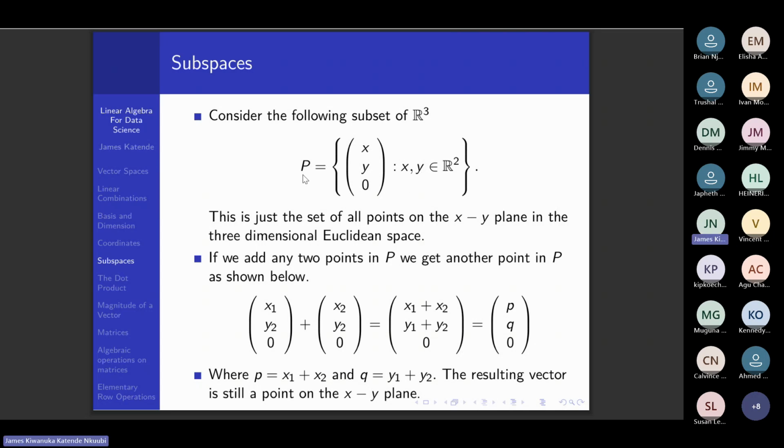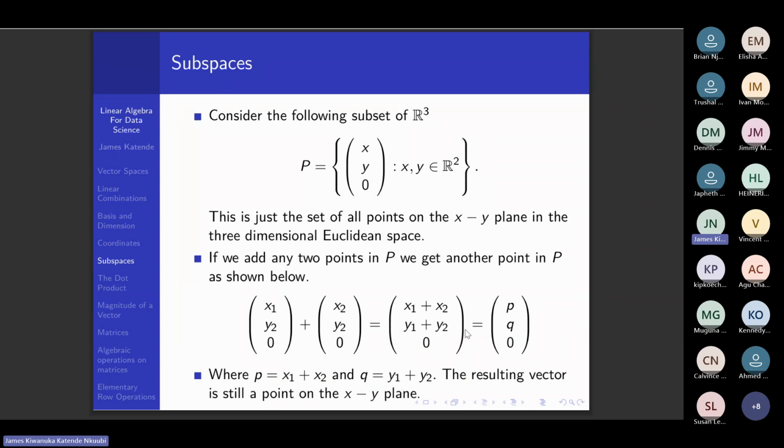So here we consider a subset of R3 consisting of vectors of this form, where the last slot must be 0. The first and second can be any real number, but the last slot must be 0. So this is definitely a subspace of R3. We check if it's a subspace by picking 2 vectors from the set and adding them.